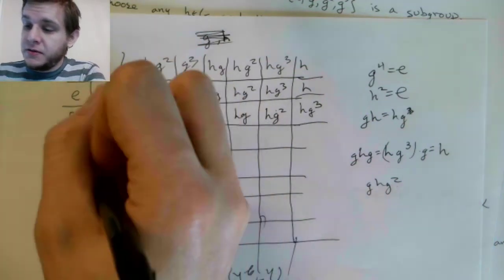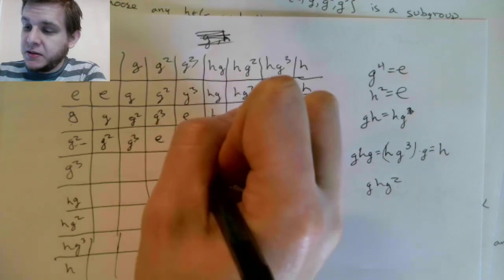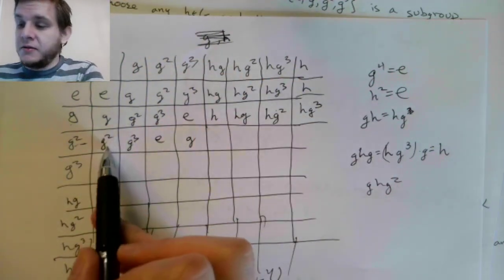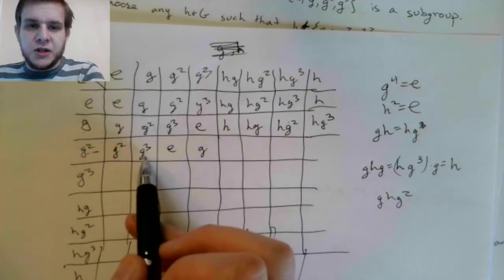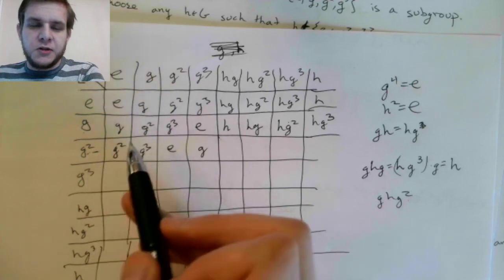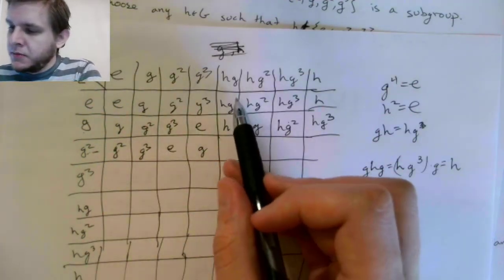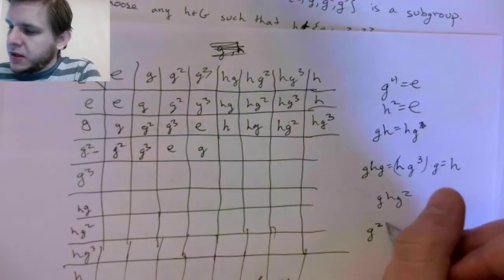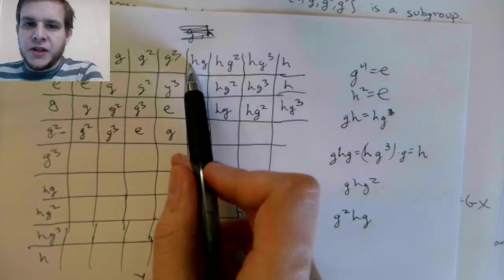g squared is just going to, this is a cyclic group, so this is nice and easy. I just fill in, right? g squared times g is g cubed. g has order 4, so g squared times g squared is the identity, and so on and so forth. Let's do g squared times hg. Well, I want to put it so that the h is on the left.